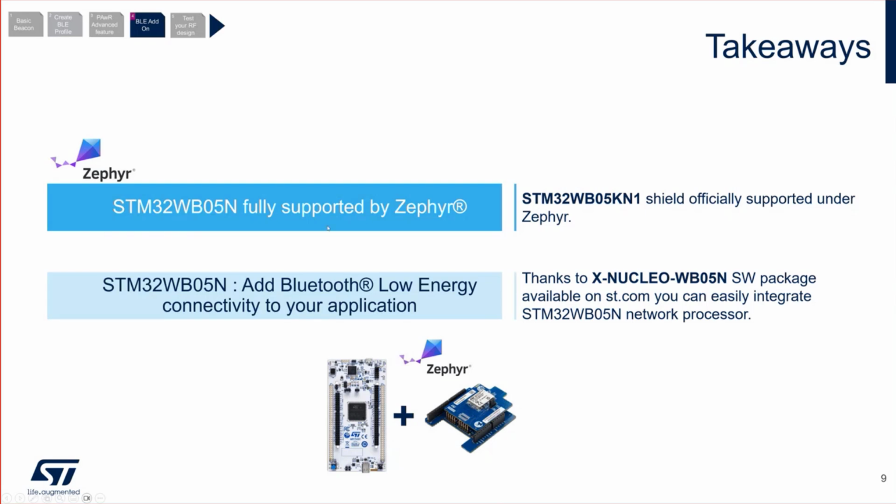We did it for Zephyr, so controller only version, but of course there is also the possibility to use it in full stack mode in case you are using STM32, using the STM32Cube environment as a host, plus this X-Nucleo WB05N, and you can directly use it. The entry point for this is the Nucleo WB05N software package, the firmware package that is available on st.com.